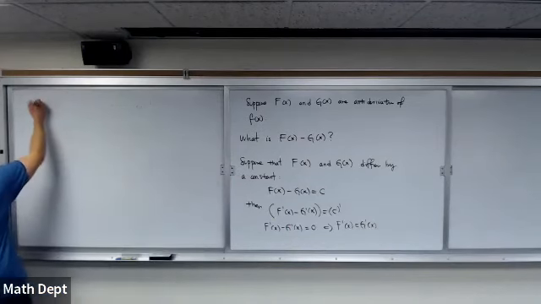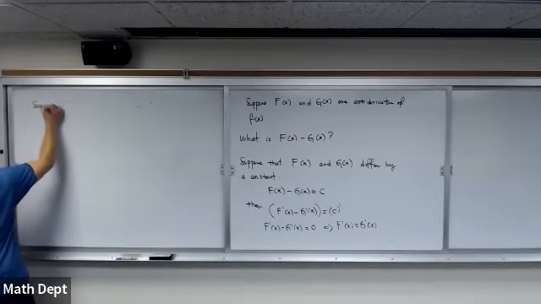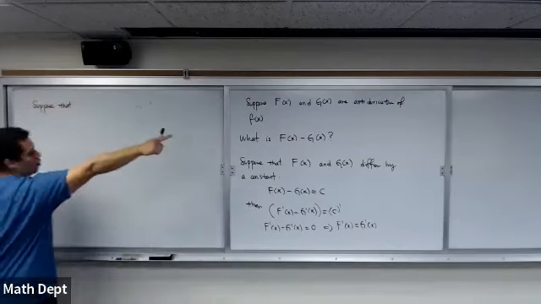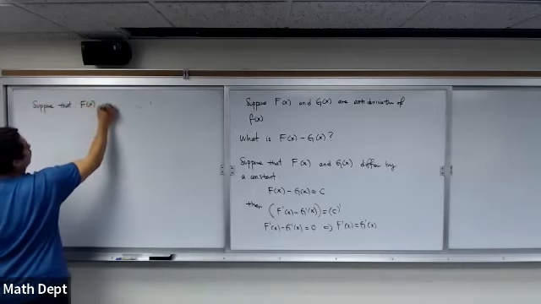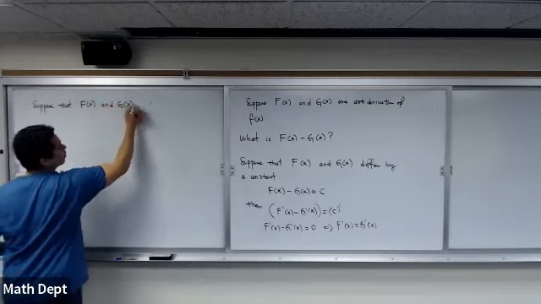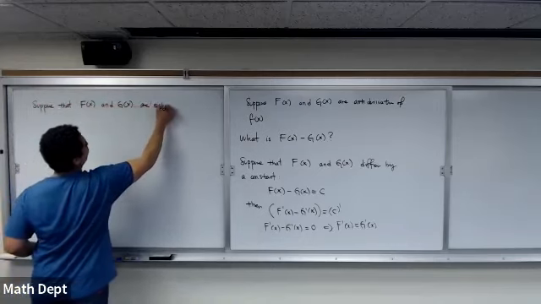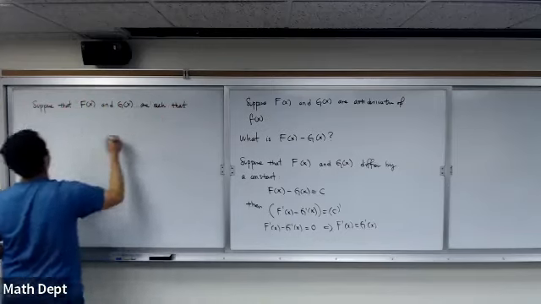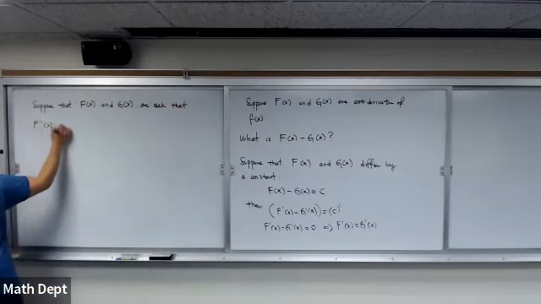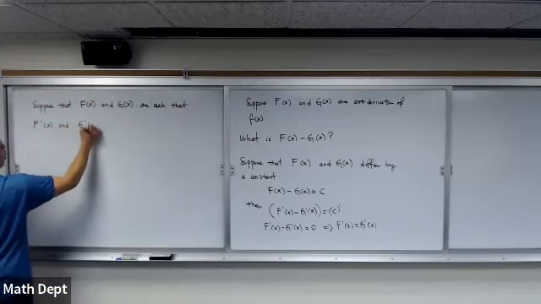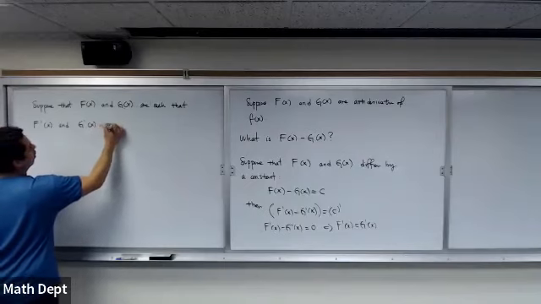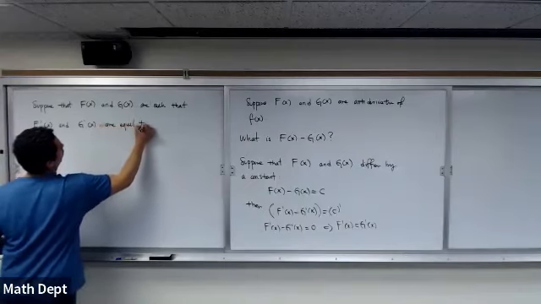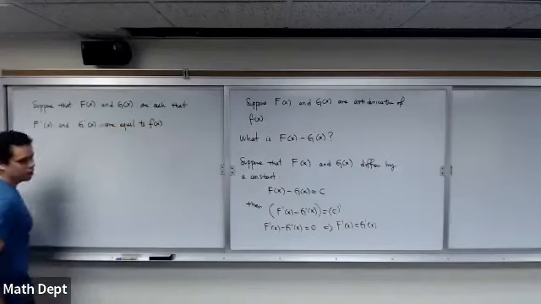So under the conditions that we have there, suppose that f of x and g of x are such that f prime of x and g prime of x are equal to little f of x.